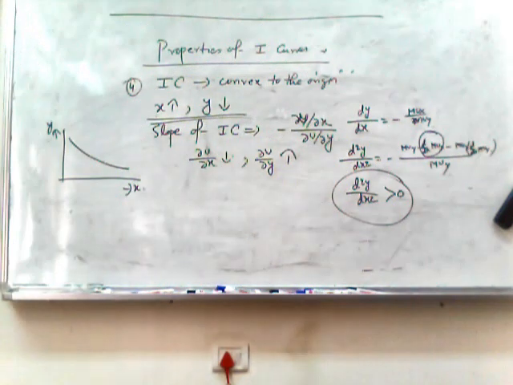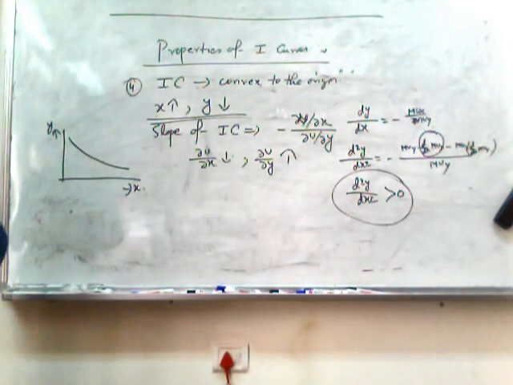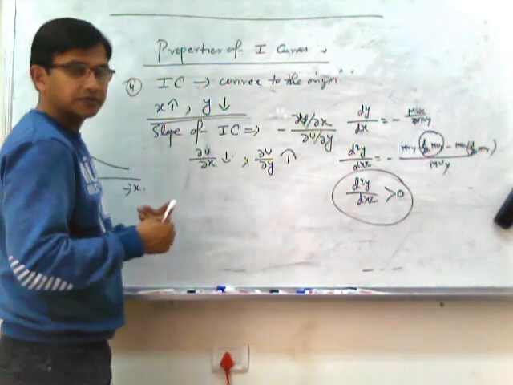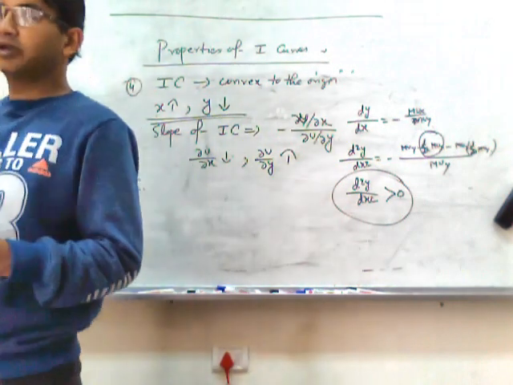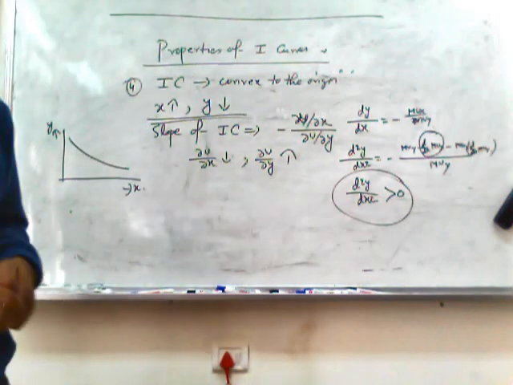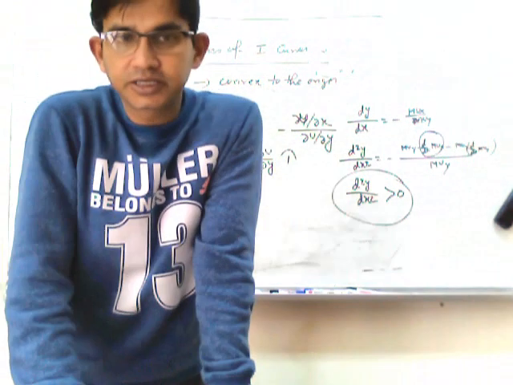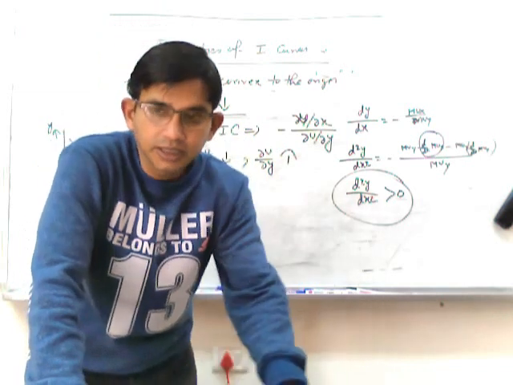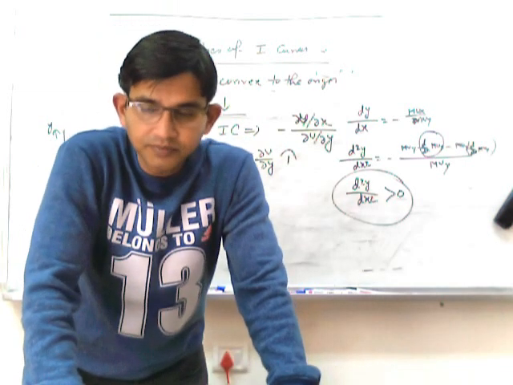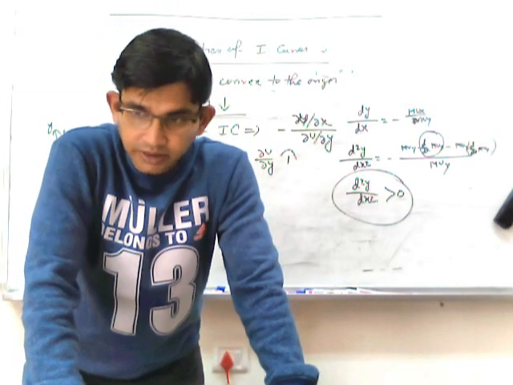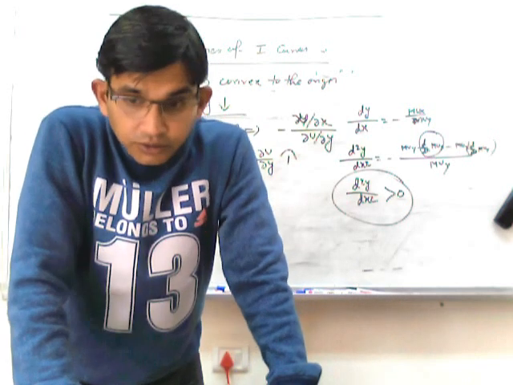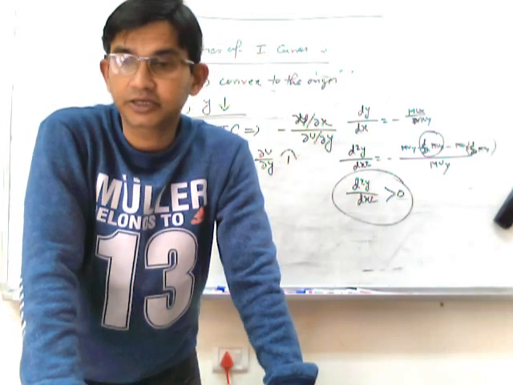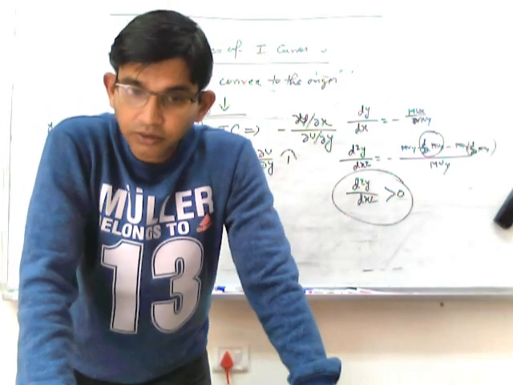So these are the properties of indifference curves which are derived from the well-behaved utility function. But we have to remember one thing, that this type of indifference curve, which is convex to the origin, is derived from the utility function in which two commodities are close substitutes of each other, not perfect substitutes, but close substitutes.